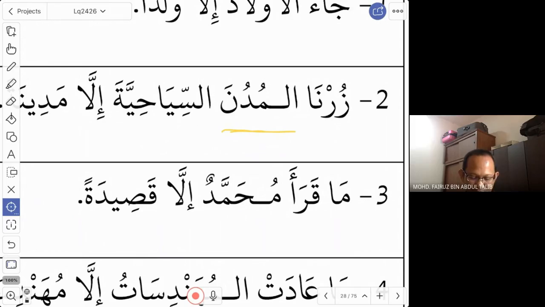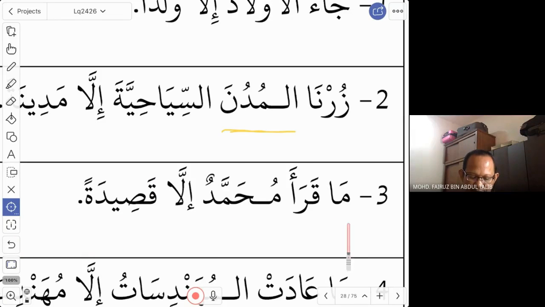We mention one because this is one qasida. So normally we say Muhammad only read one poem. Ma and illa together carry this meaning of only: ma qara'a illa qasida, only one poem he read.